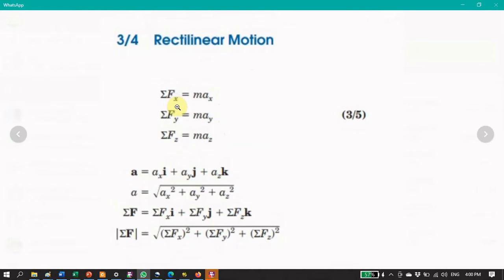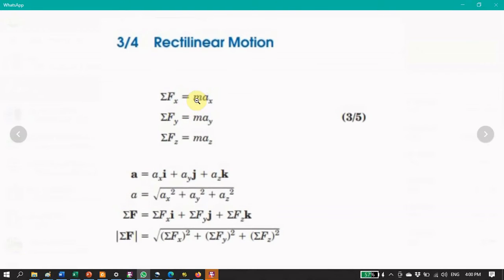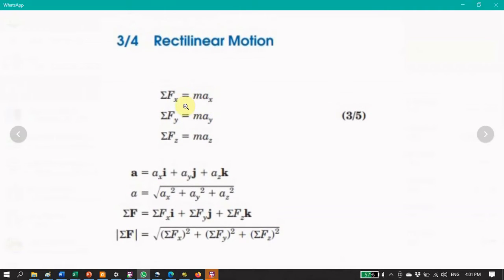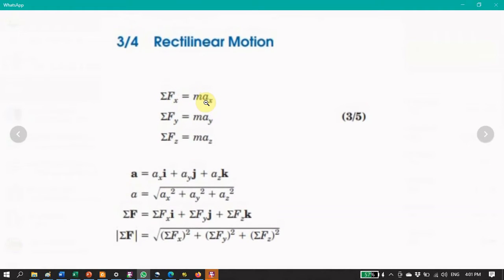So we need to know the origin of the coordinate system, and this origin usually is placed exactly on the body of the system, on the particle, right?